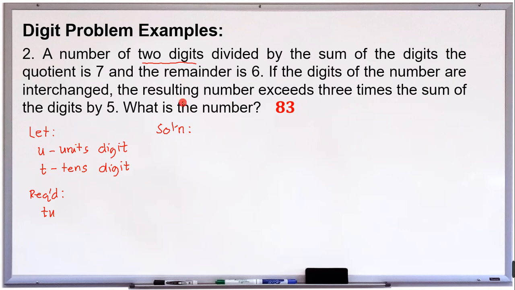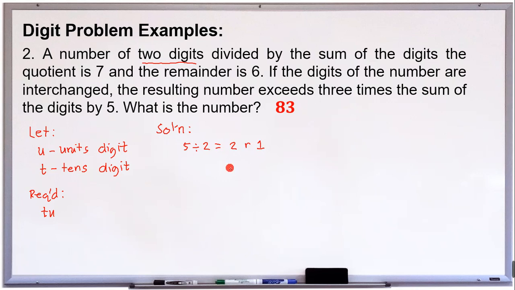So let's implement this first with some known values, without the variables. Let's say, for example, you would like to divide 5 by 2. So 5 divided by 2, the answer is 2, and then we have the remainder 1.